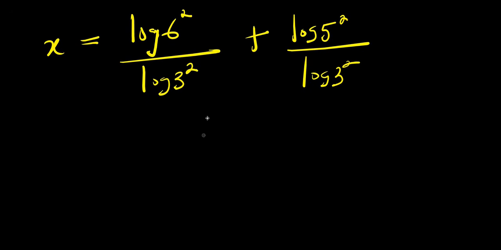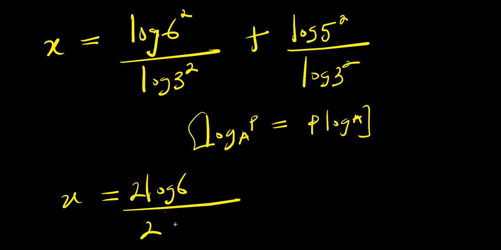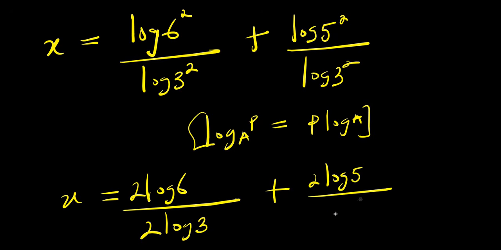Now, if you have log a to the power p, this equals p times log a. So we have x equals log 6, and the 2 will come over here. That is 2 log 6 divided by 2 log 3, plus 2 log 5 divided by 2 log 3.